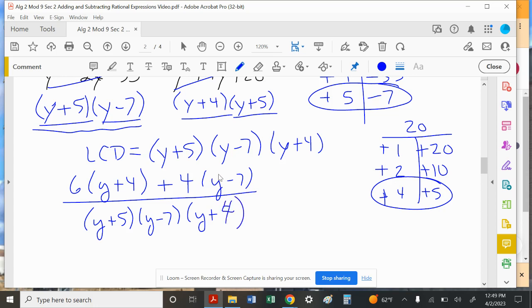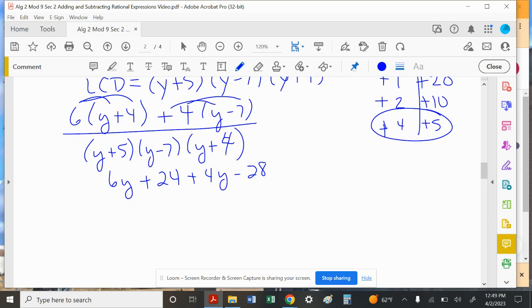And now what we're going to do is distribute. So I have 6 times, so I'm going to distribute both of those. So I have 6y plus 24 plus 4y minus 28 all over y plus 5, y minus 7, and y plus 4.